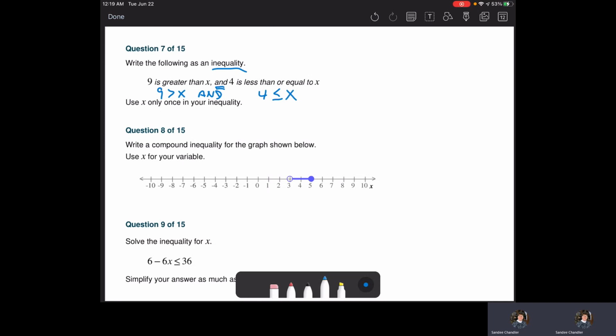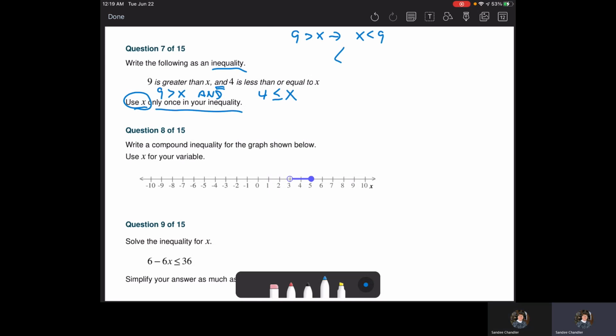Now they tell me, though, they only want me to use x once in my inequality. I've used x twice. I don't know about you, but I need to see things visually. So 9 greater than x can be rewritten: x is less than 9.